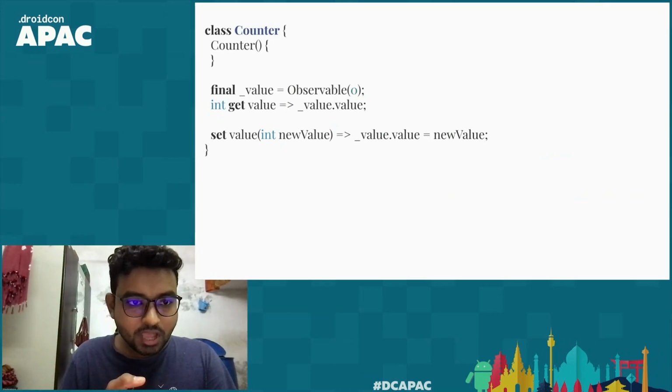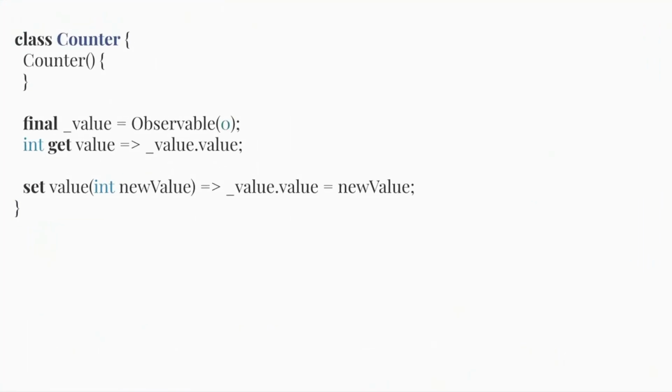It has a default constructor, then a value that is observable, then a getter that gets the value from the observable, and then a setter to set the new value to the observable.